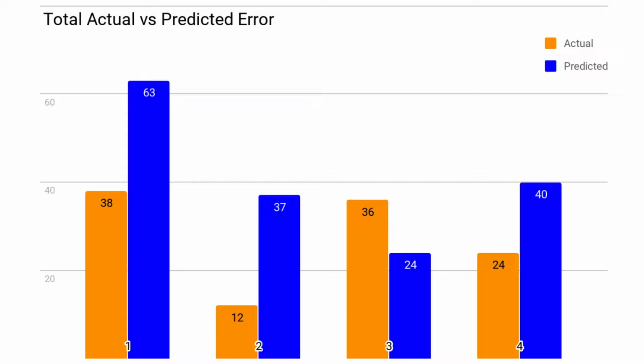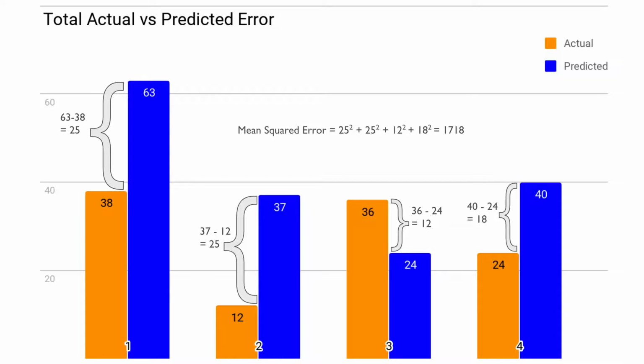In the diagram, the blue bars are the predicted values and the orange bars are actual values. There are 4 instances. To measure how well our model is performing, we compare these predictions against the actual values. The mean squared error is basically summing up the squared differences of each prediction and actual values.